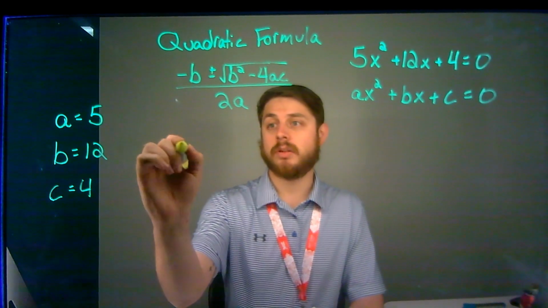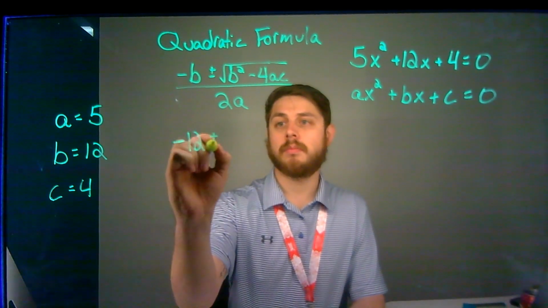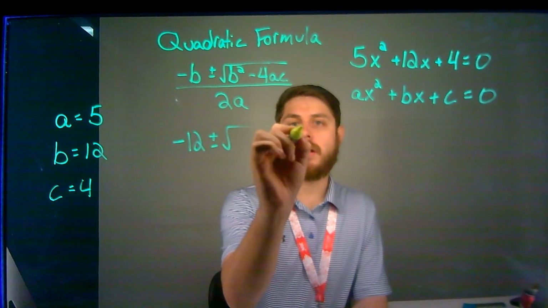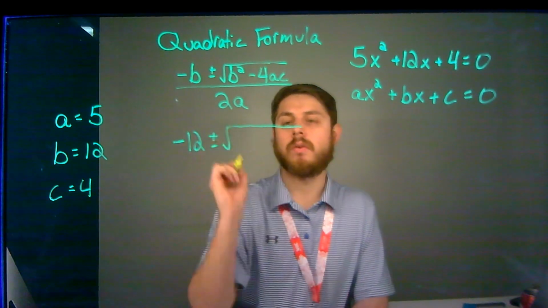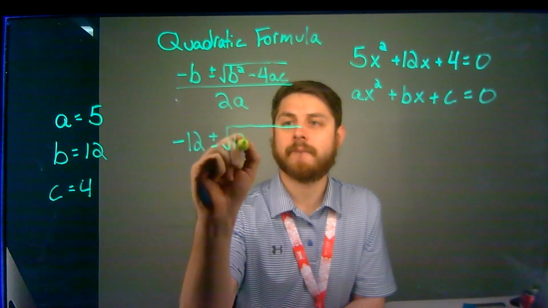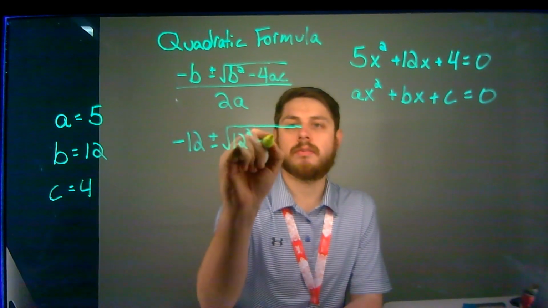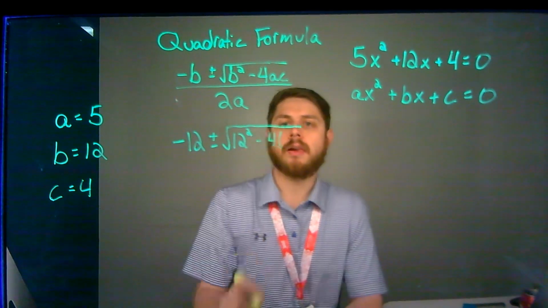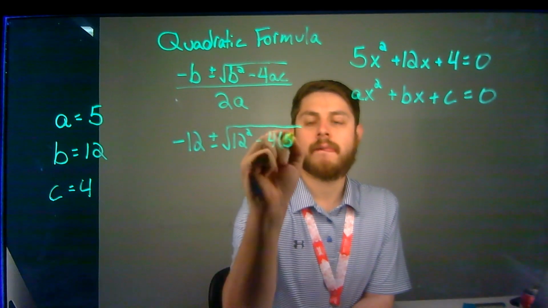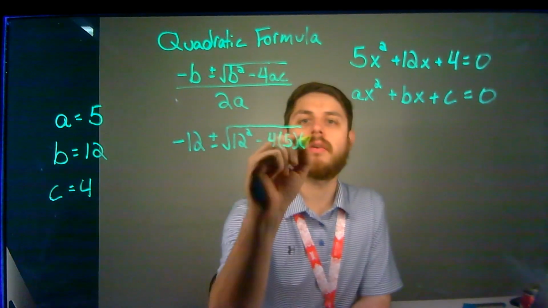So here, when I plug this in, it's going to be negative 12 plus or minus the square root of b squared, so 12 squared minus 4 times my a value, so 5, times my c value of 4.